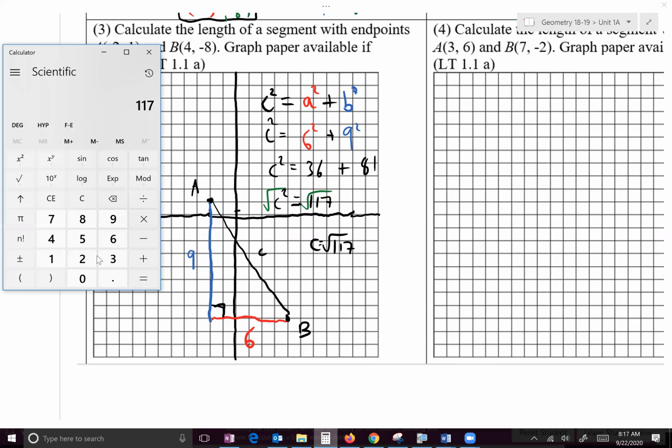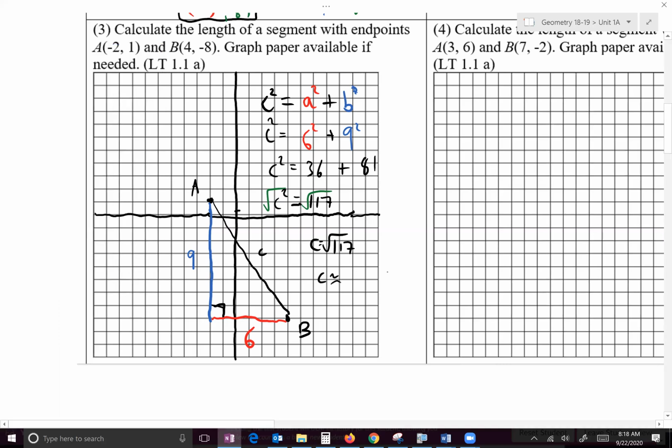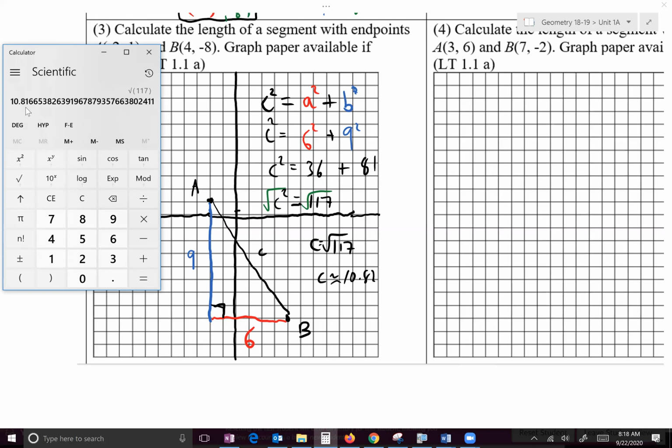So square root of 117, we get approximately 10.82. So we looked at 2 decimal places, 81, but then the next number is a 5 or higher, so that's going to round up to 10.82.